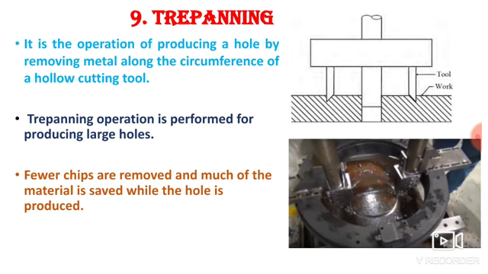Whereas in the trepanning operation, very little material is removed from the workpiece, and then we can get a blank from the workpiece. So this operation is similar to the blanking operation, whereas the blanking operation is done on the press machine, and we can perform the trepanning operation on the drilling machine.